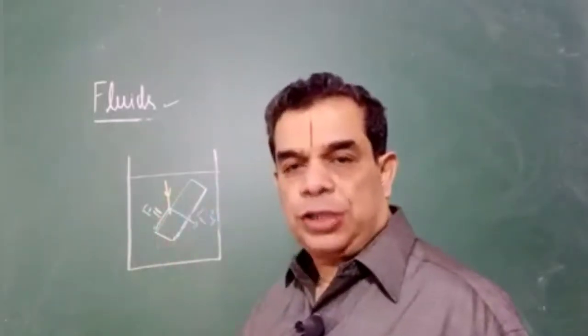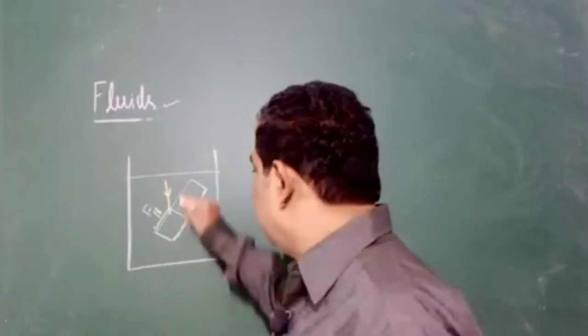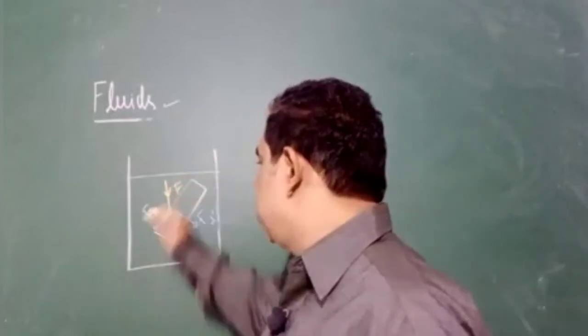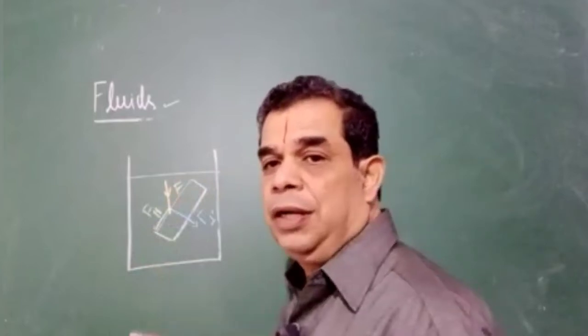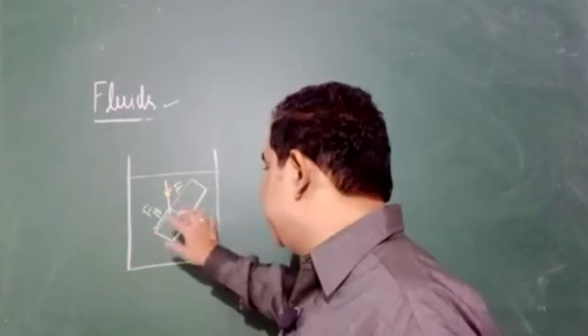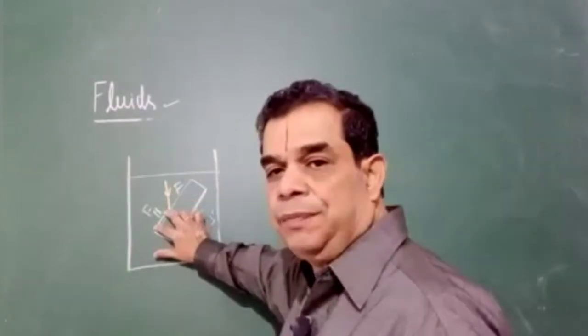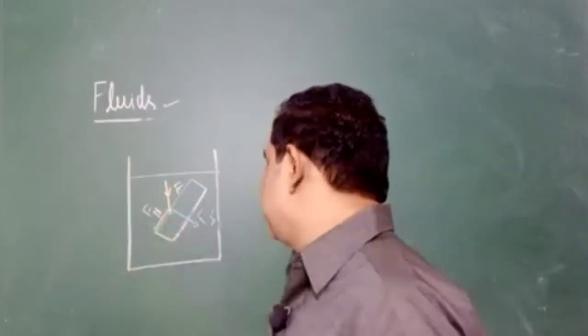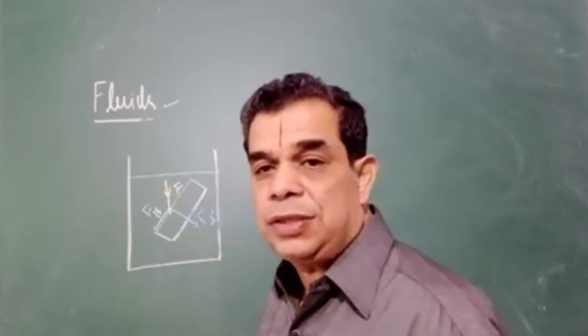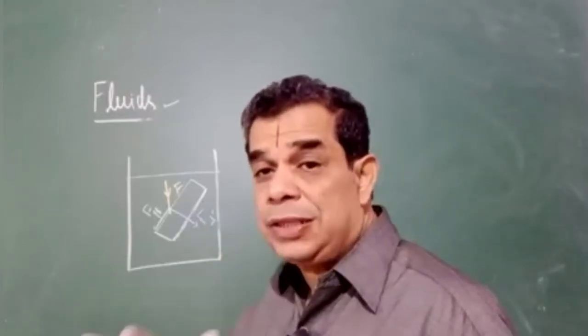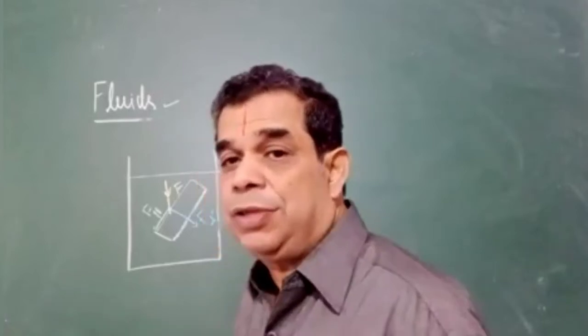If the force F is not normal to the surface in contact with the liquid or the fluid, this should be the case. F parallel should act parallel to the surface and F perpendicular acts perpendicular to the surface. If that is the case, what is the consequence? Can you think of?